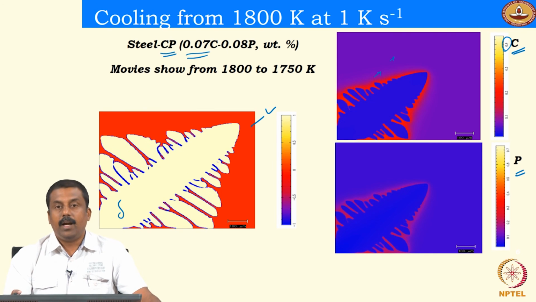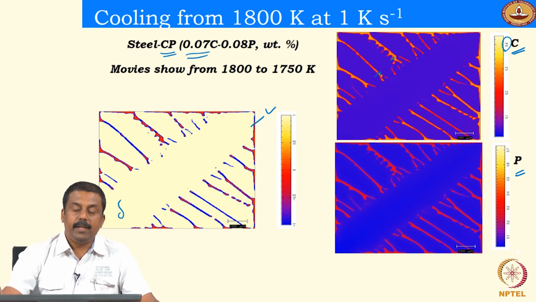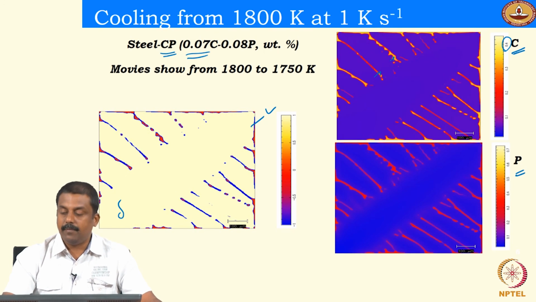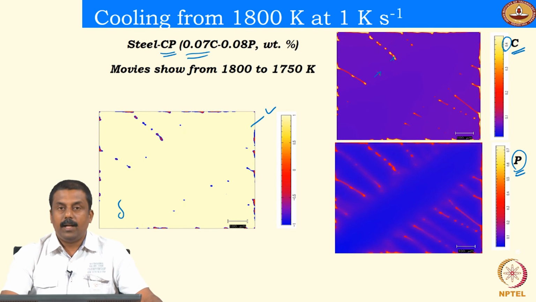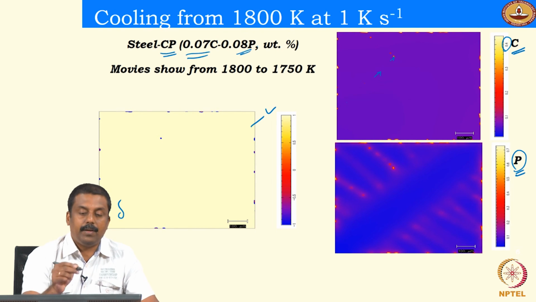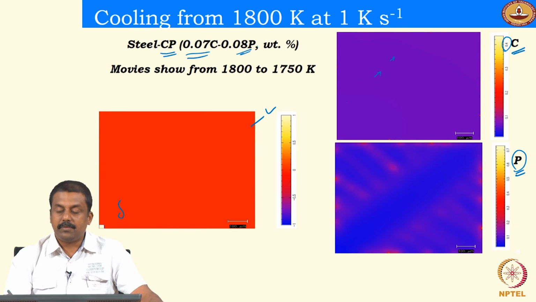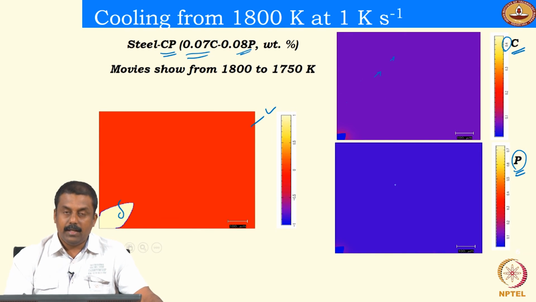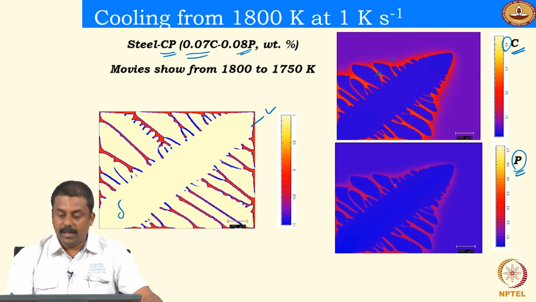And the behavior can also be observed for phosphorus as well, because phosphorus also segregates in a similar way to carbon, and even though we have a very small amount of phosphorus, 0.08, you may still see a severe phosphorus segregation at the interdendritic regions, as well as the regions which solidify at the end.